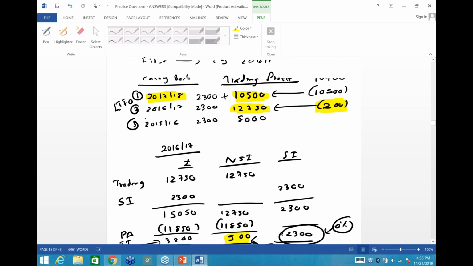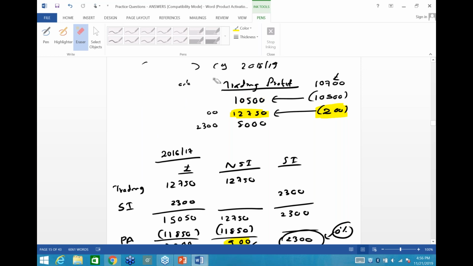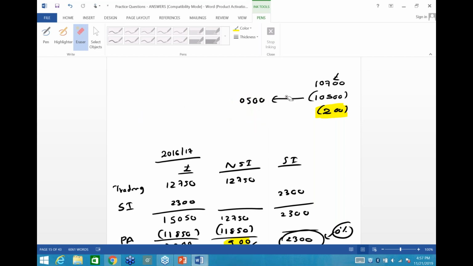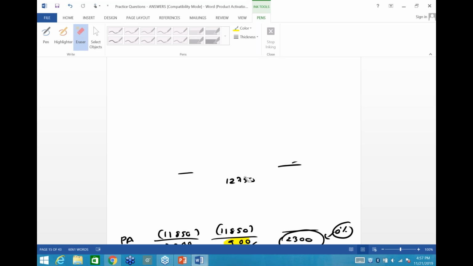So according to this question, there's a trading loss. What we can do is that trading loss, we can set it off against the current tax year and or the previous year.